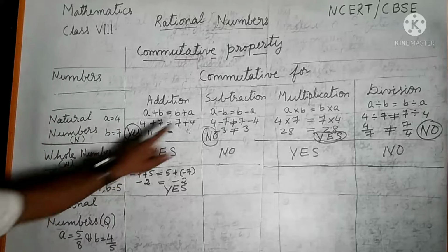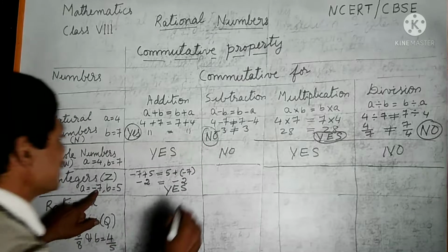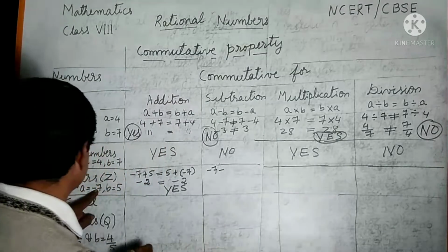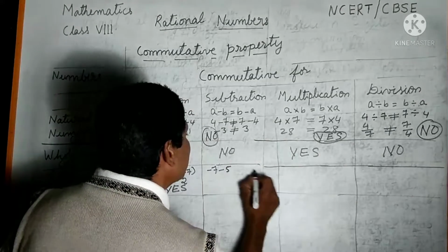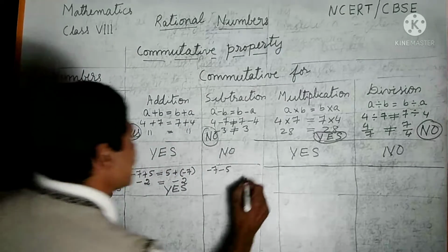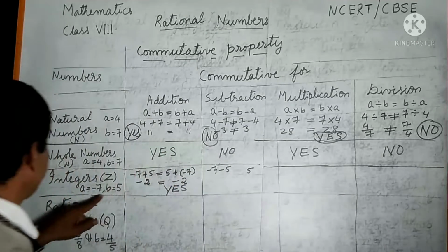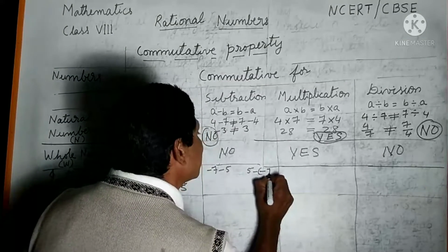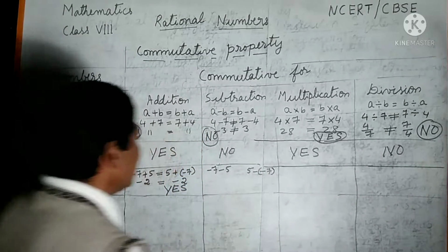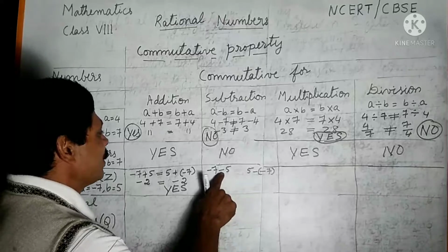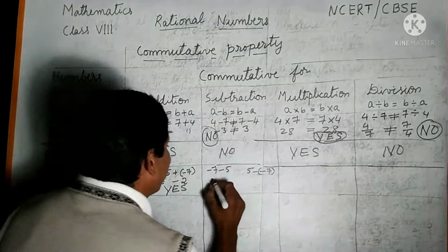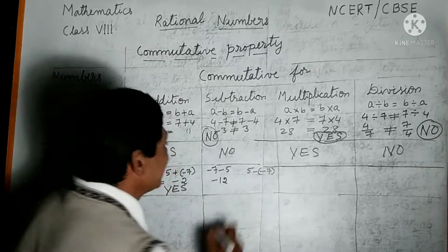Now let us check for subtraction. A is equal to minus 7 minus 5, and b is 5 and a is minus 7. Minus 7 minus 5 is minus 12.